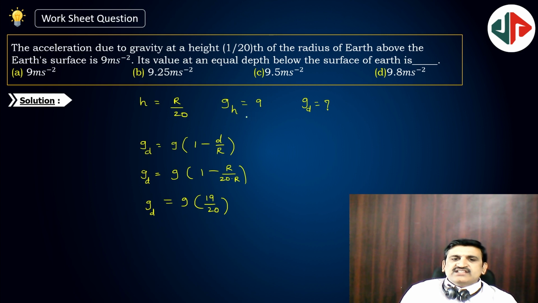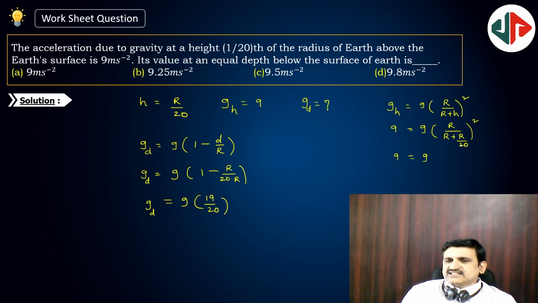As he has given GH is equal to 9, we have GH is equal to g into R by R plus h whole square. He has given 9. So 9 is equal to g into R by R plus R by 20 whole square. R gets cancelled. This is 20 by 21 whole square.